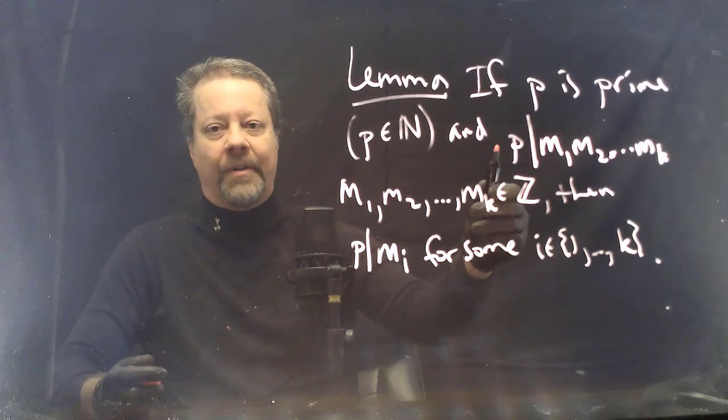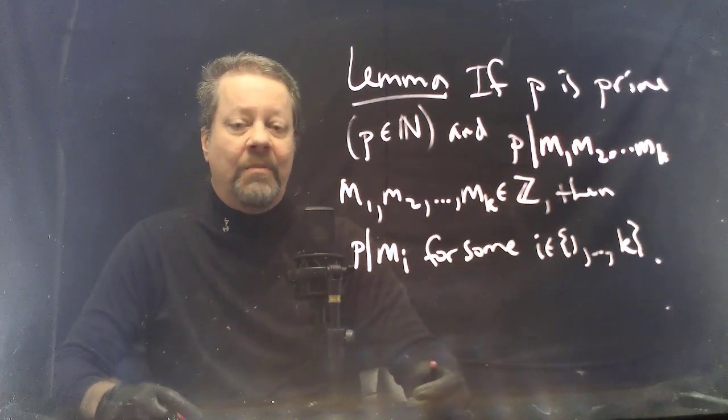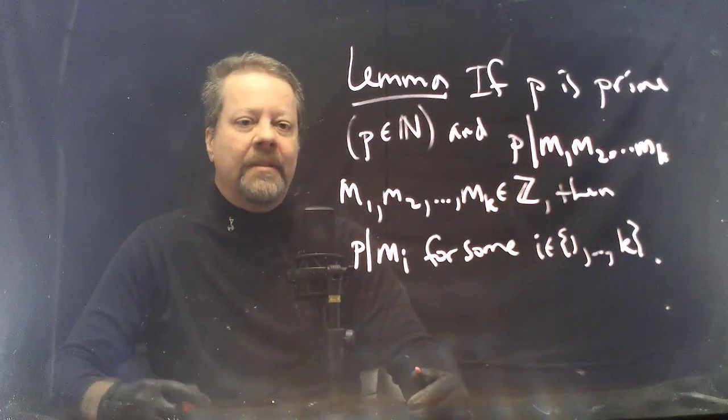It's a prime after all, and so it has to go in one of those. It could go in others, but it has to go in at least one of them.